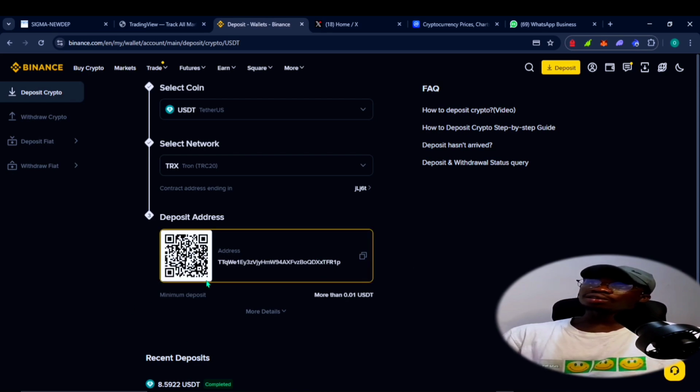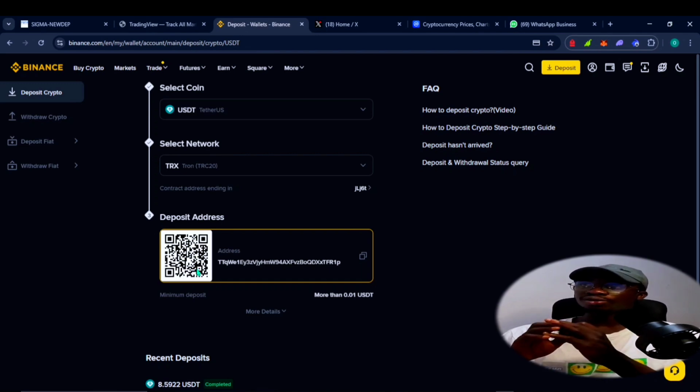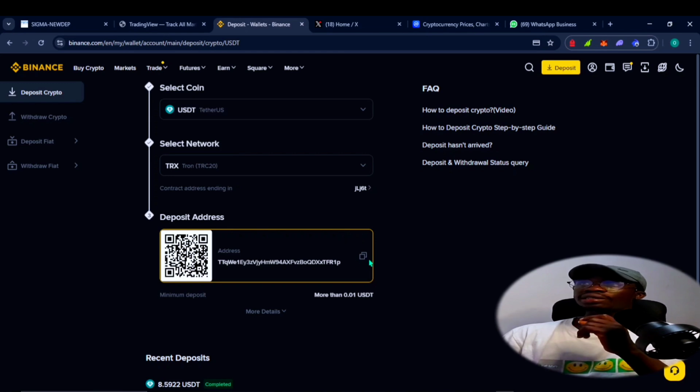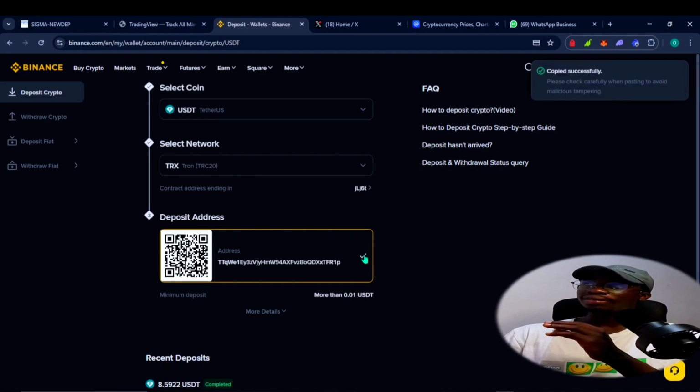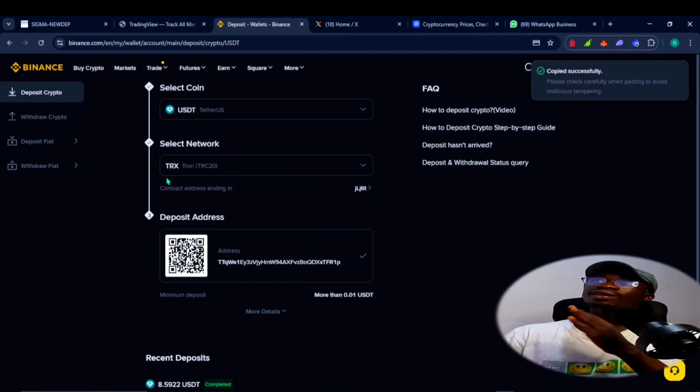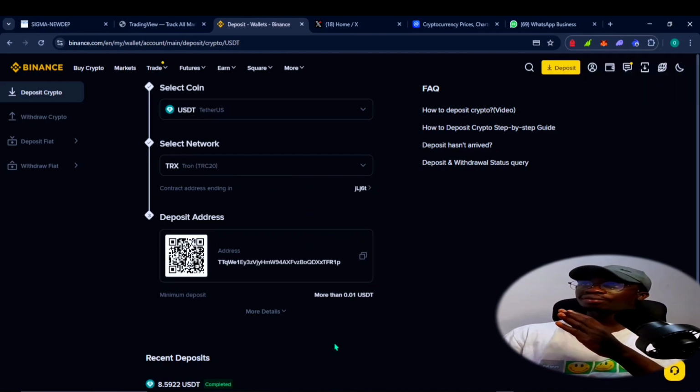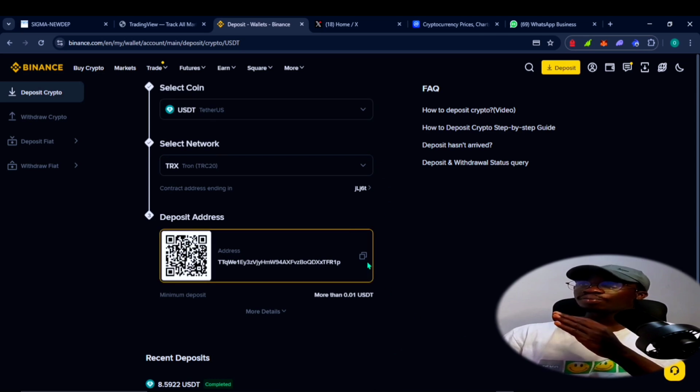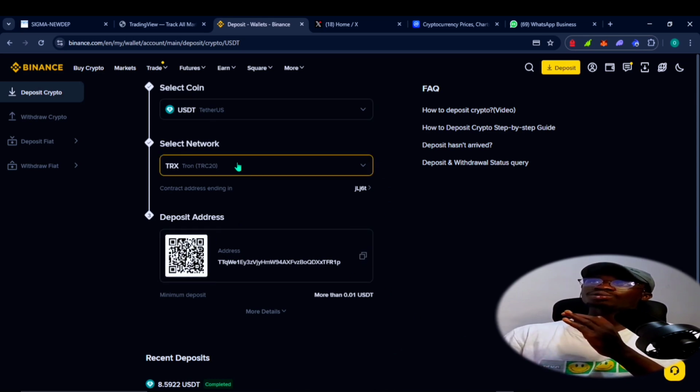Or you make a snapshot of this, send it, the person scans it and pays you immediately. Always make sure that you are sending the right wallet address. Don't type it. Always copy and send immediately. In fact, if possible, snap all of this, copy it and send, so the person will be able to see the network you are sending from.